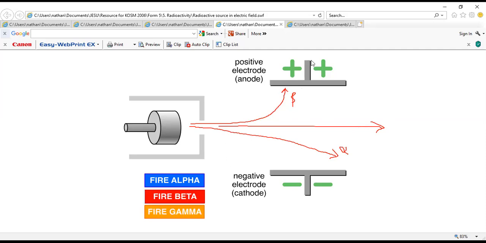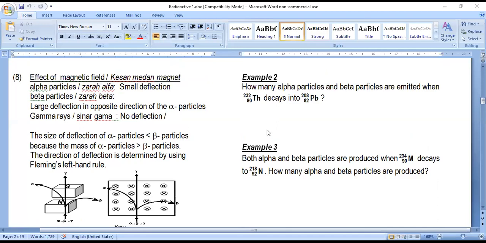Now the last part is the effect of magnetic field. Alpha and beta will be deflected because they are charged. Gamma won't be deflected, because gamma has no charge. So when alpha and beta travel in a magnetic field, they will be deflected.